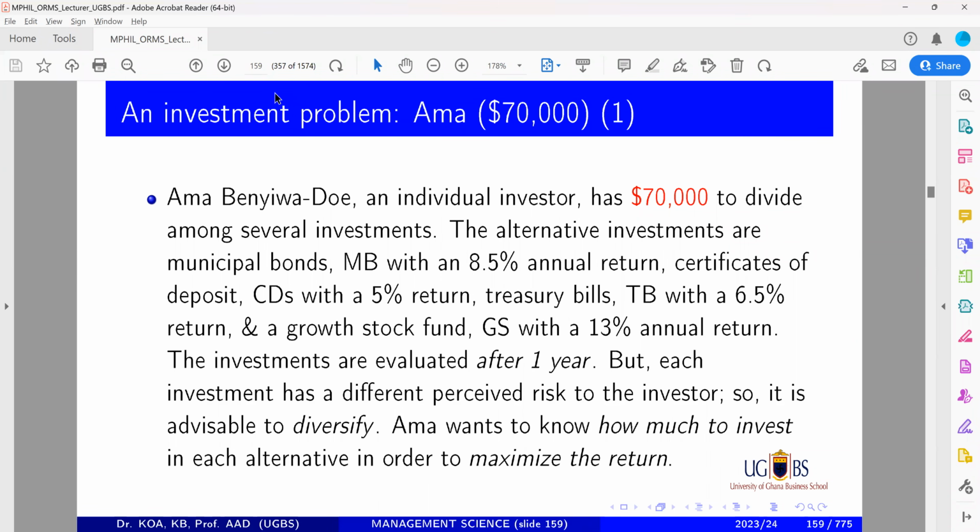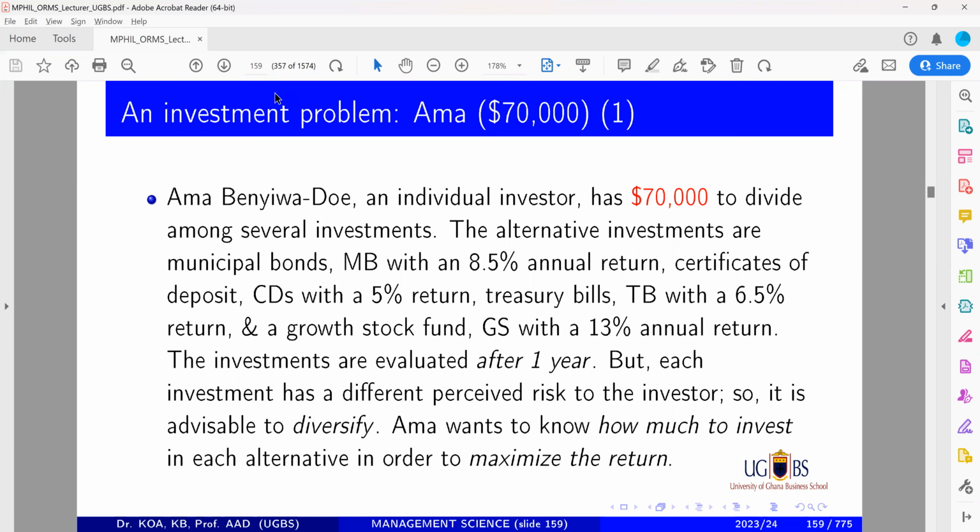The alternative investments are municipal bonds, MB, with an 8.5% annual return, certificates of deposit, CDs, with a 5% return, Treasury bills, TB, with a 6.5% return, and a growth stock fund, GS, with a 13% annual return.